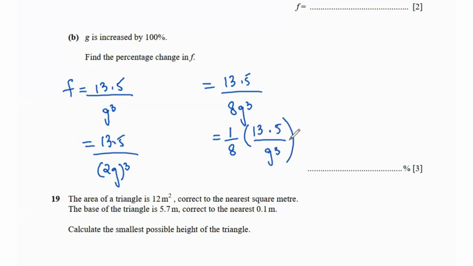So if G was increasing by 100%, it became 2G. So F is becoming 1/8 of what it already was. So 1 minus 1/8 is 7/8 times 100. That's 87.5. So F is changing by 87.5%. Basically, it's decreasing by 87.5%.